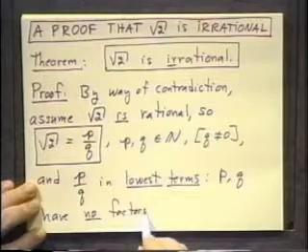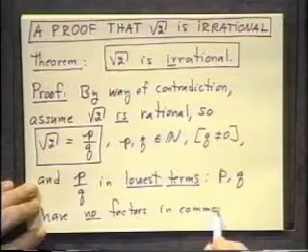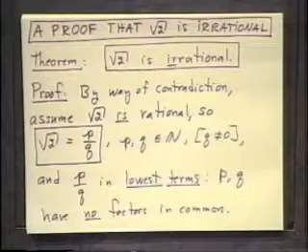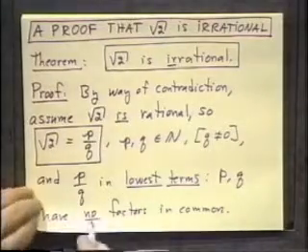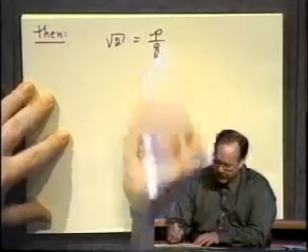Okay, this is going to be very important to our proof. They have no factors in common whatsoever. And having set this up this way, now we will sort of follow our nose and see what happens. Let's just write down what we've got. We've got square root of 2 equals p over q.